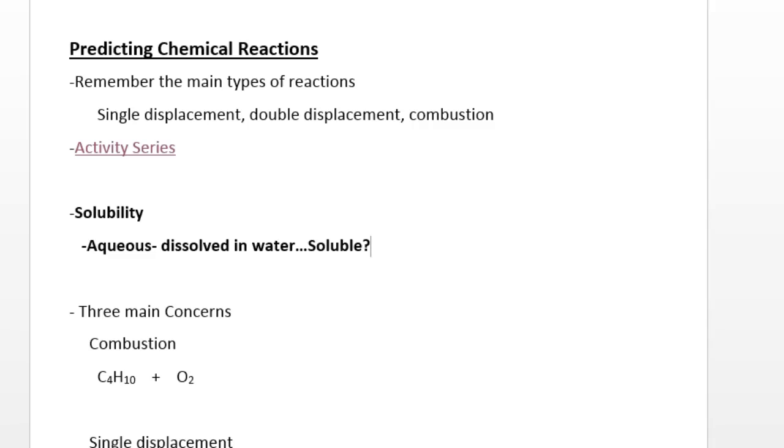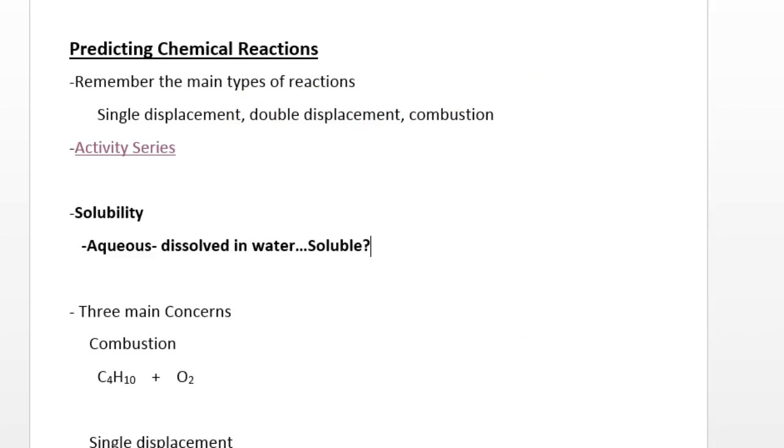Because when we do double replacement reactions, we need the reactants to be soluble, and then of the products, one of them needs to be soluble and the other needs to be insoluble, and we'll talk about that in a minute. So those are probably our two main concerns: the activity series whenever we're looking at a single replacement, and then the solubility question whenever we're talking about a double displacement or replacement. You can call it either thing.